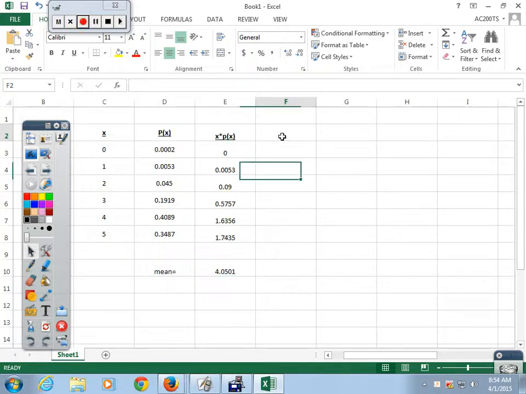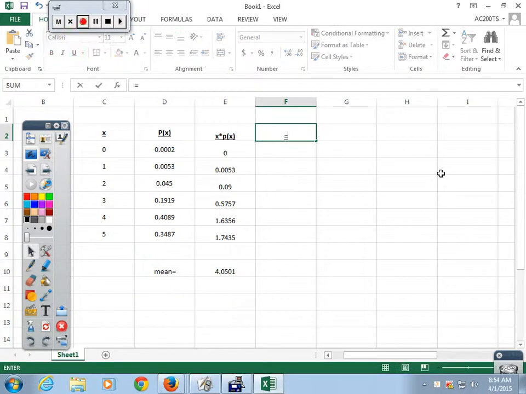Now, what do we need to get the other stuff? Well, we got to have x squared. You can do that in your head, 0, 1, 4, 9, 16, 25, or you can just do it in your spreadsheet.